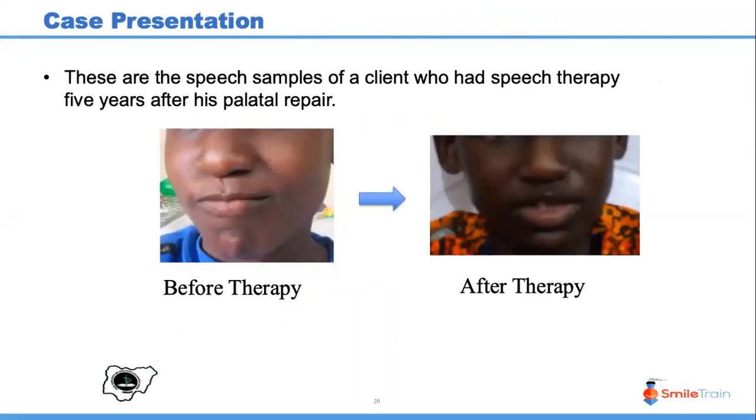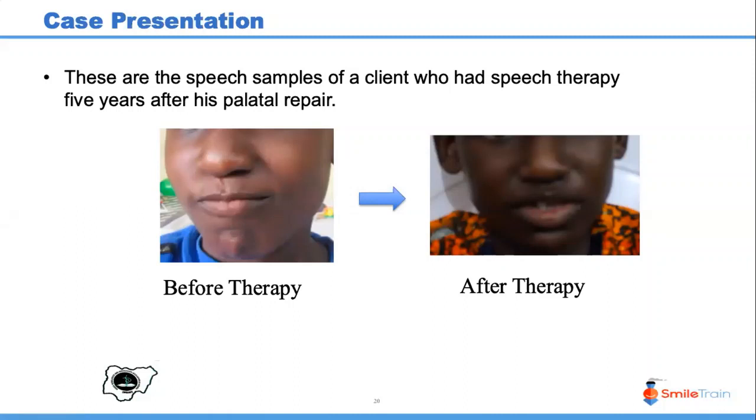So I would now, at this junction, want to show you sample videos of a client of mine that had speech therapy done about 5 years after his palatal repair. In the first one, I want you to note how the cleft speech has affected him, even his perioral tissues, psychologically.